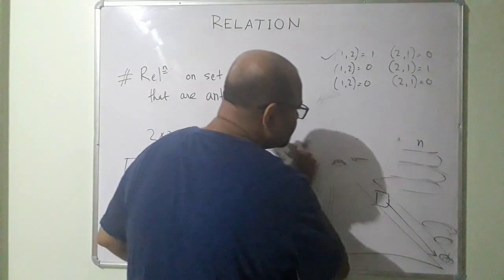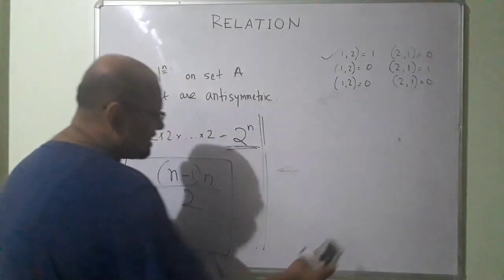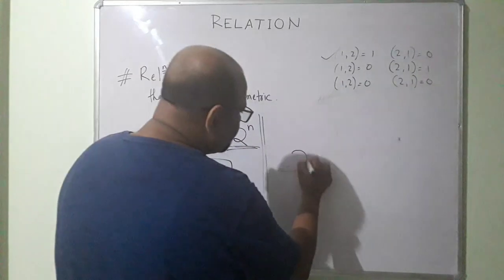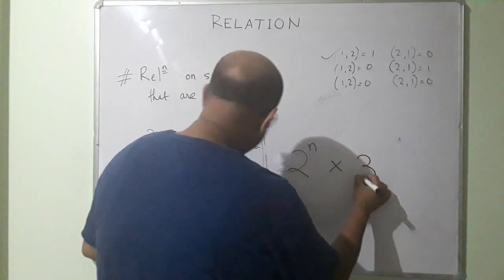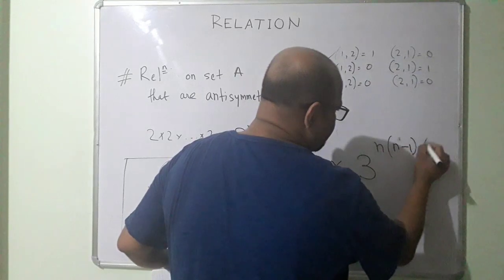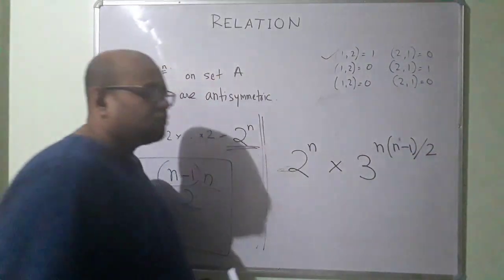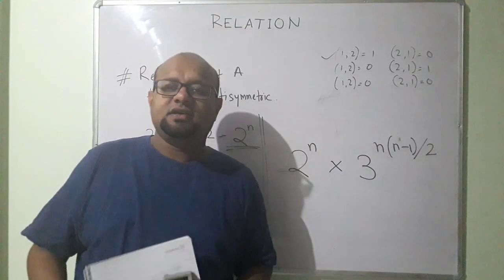So in total, how many choices will I have? I will have 2 to the power n ways to fill the diagonal multiplied by 3 to the power n into n minus 1 by 2 ways to fill the rest of the matrix. Alright.